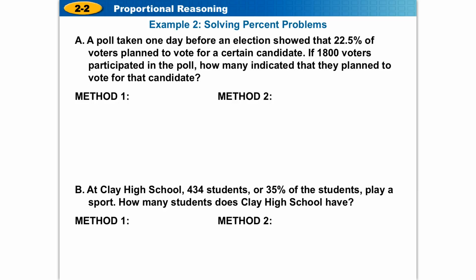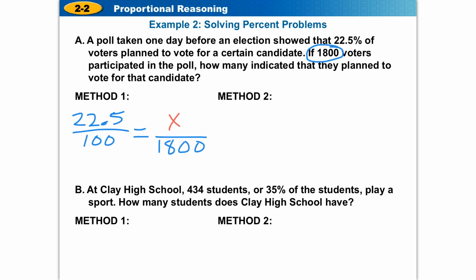So we know right away that the percent is going to be out of 100. Right, and it says that 1,800 voters participated in the poll, so we know that that's our total number of voters that participated, and the only thing we don't know is how many voted for a certain candidate.